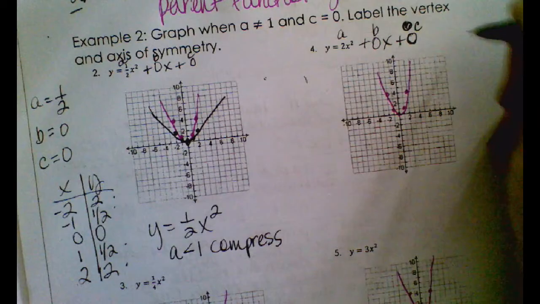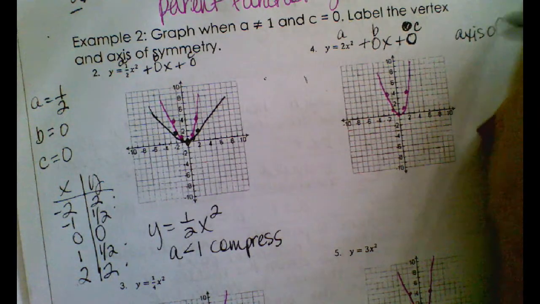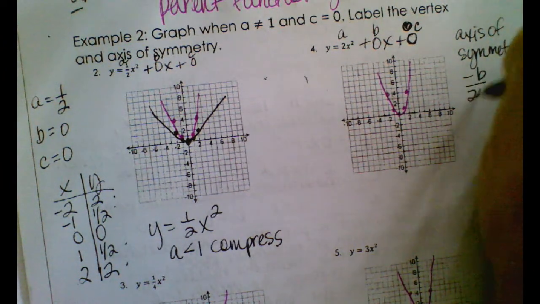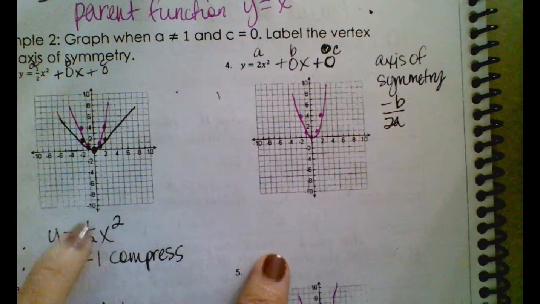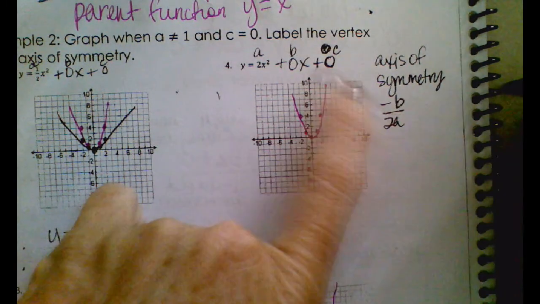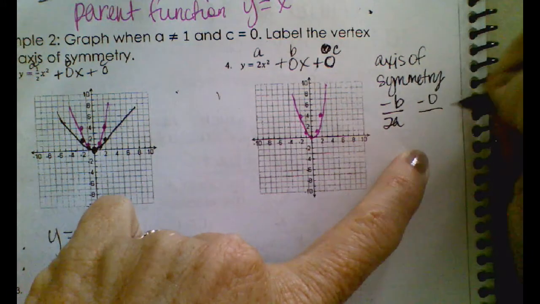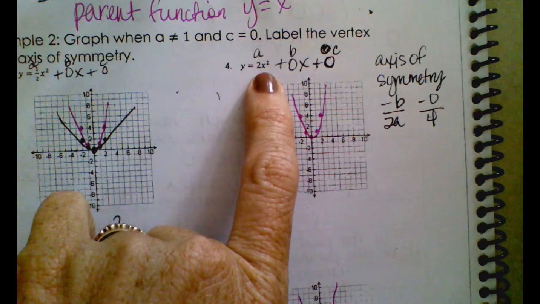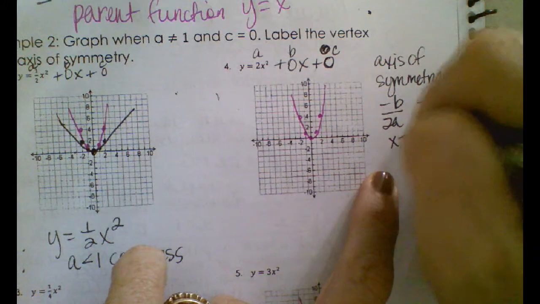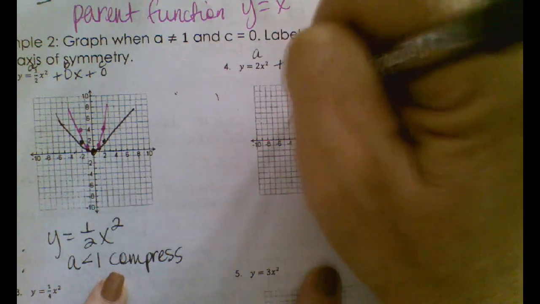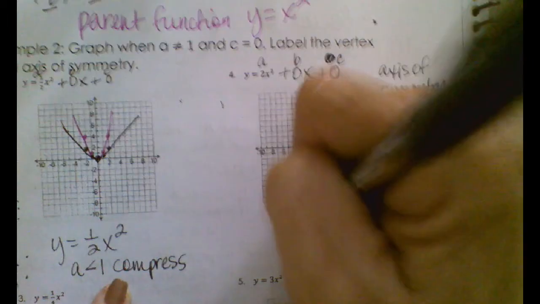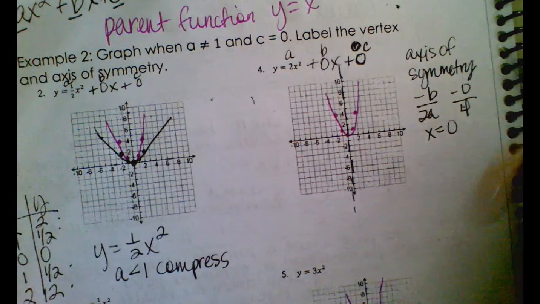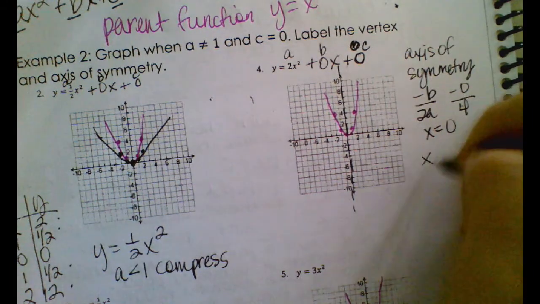So I want you to find the axis of symmetry for me, which is negative B over 2A. So what's my B? 0. So negative 0 over, what's 2 times 2? 4. And what's 0 divided by anything? 0. So where's my axis of symmetry going to be? At 0. Good job. So my axis of symmetry is right down there. So my vertex is probably the same, you think? Probably, yeah? Okay, so let's try now.